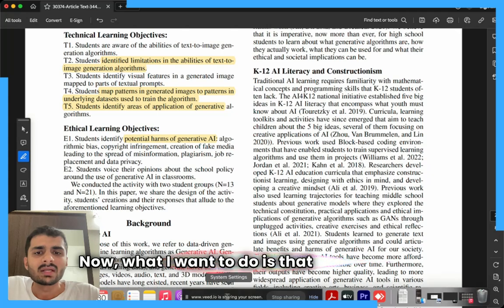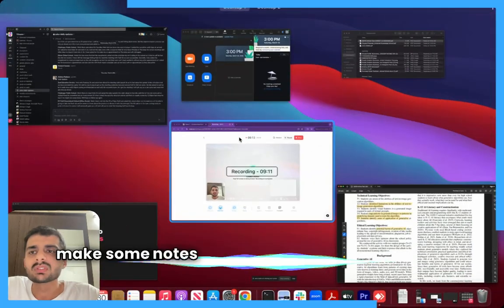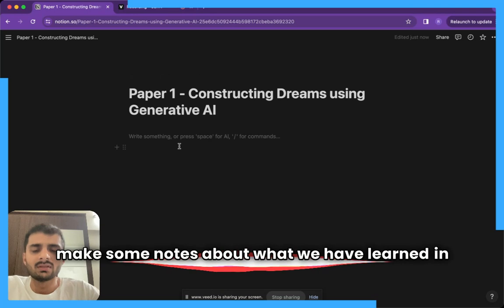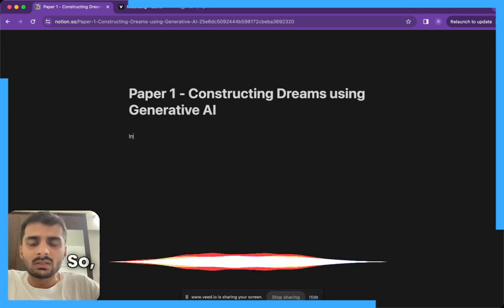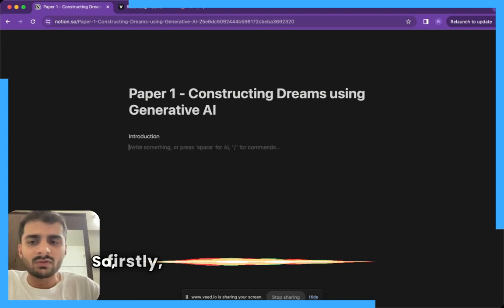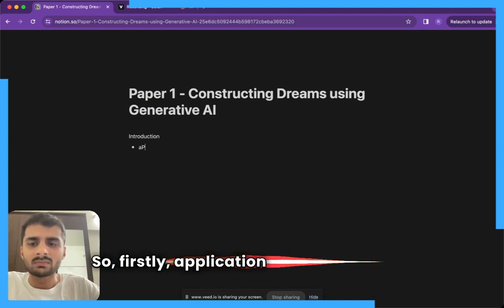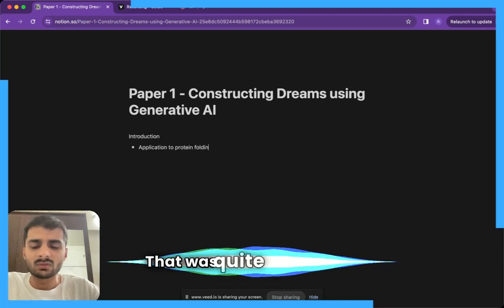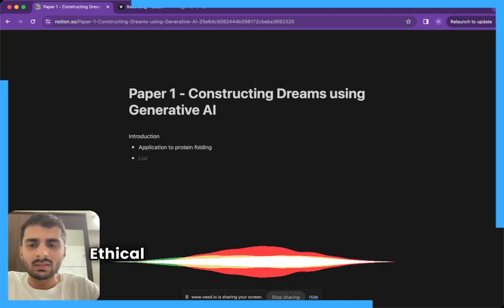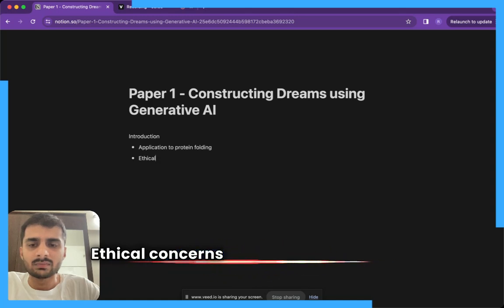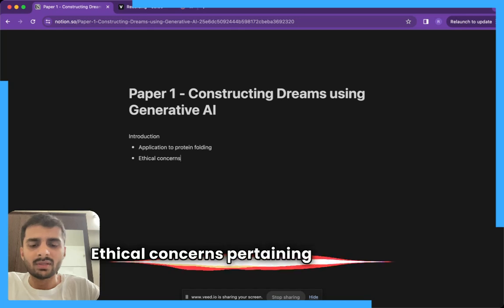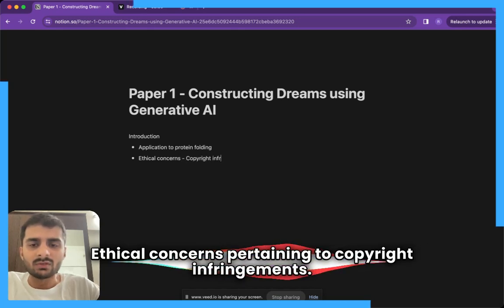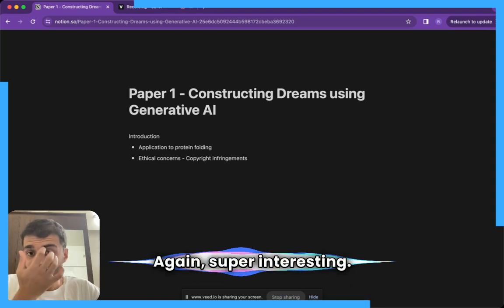Now what I want to do is make some notes about what we have learned in the introduction. So firstly, application to protein folding, that was quite interesting. Ethical concerns pertaining to copyright infringements, again super interesting.